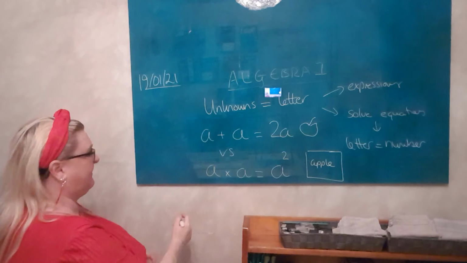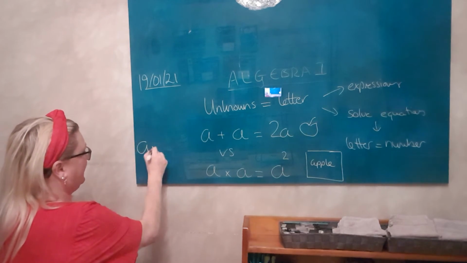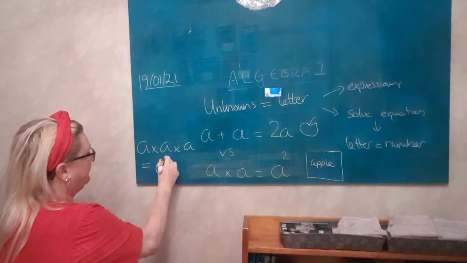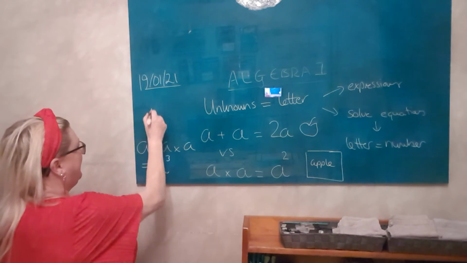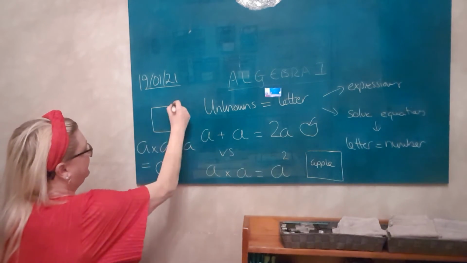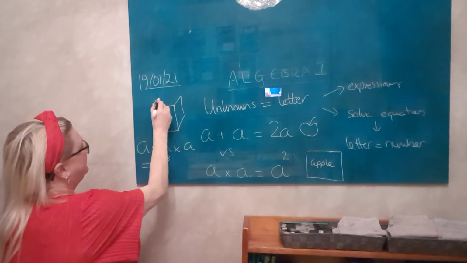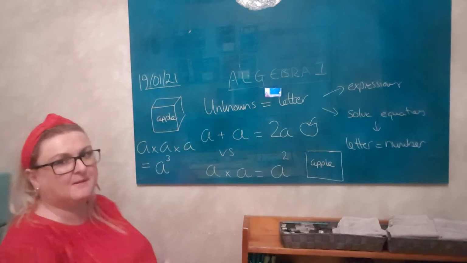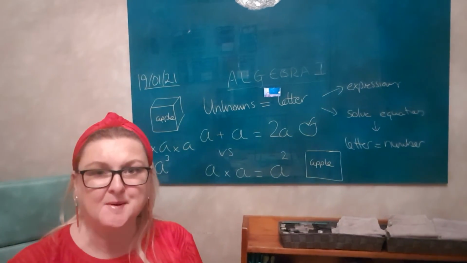If we have apple times apple times apple, we would get apple cubed. And if we had to draw it out, you could imagine it was an apple in a box, okay?